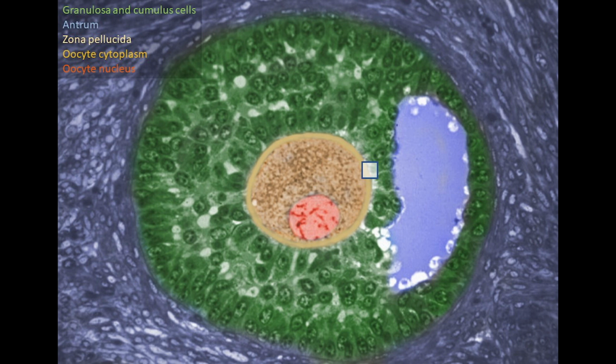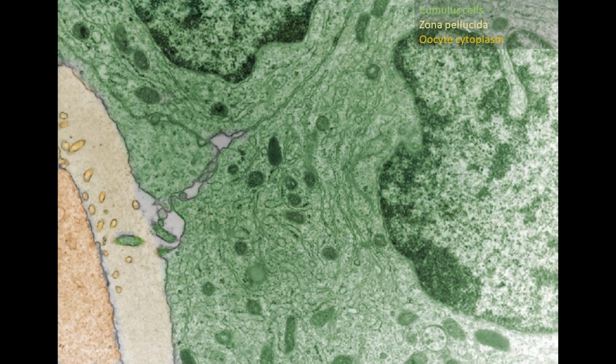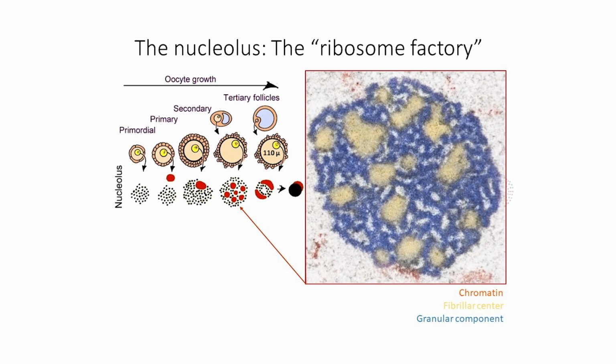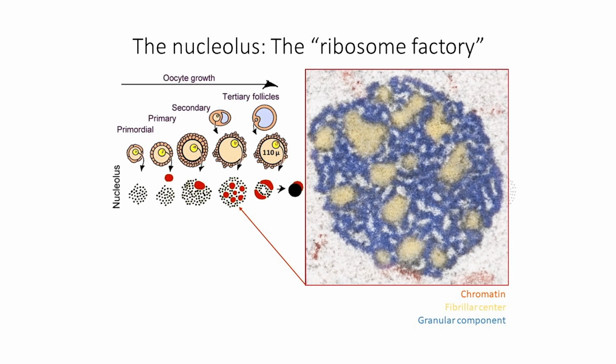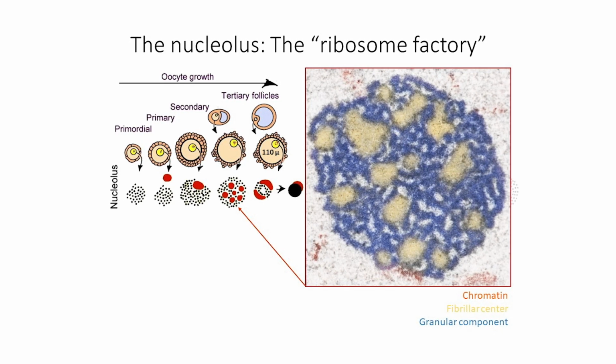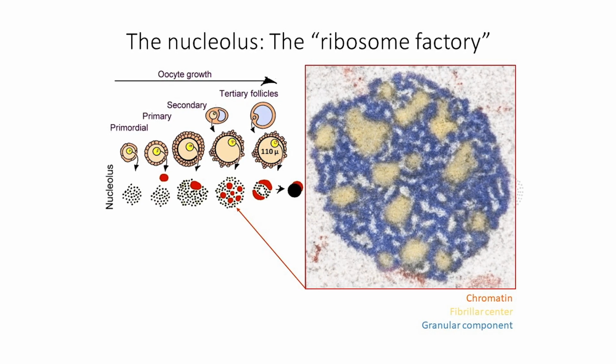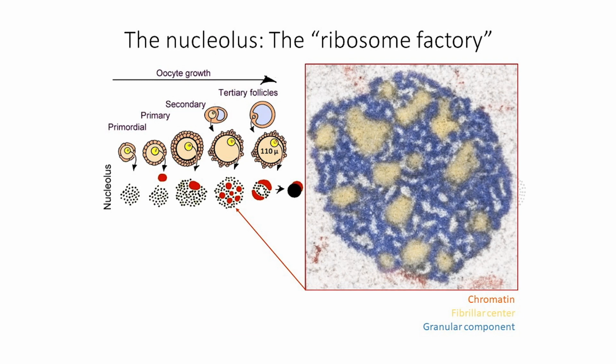If we look more closely at the interface between them and the oocyte, we now see that the oocyte is completely encased in the glycoprotein shell called the zona pellucida, and we also see oocyte microvilli have become embedded in the zona pellucida. Within the nucleus, the nucleolus has reached its peak of activity with respect to transcription and ribosome synthesis, evidenced by numerous fibrillar centres interspersed throughout the granular reticulum.